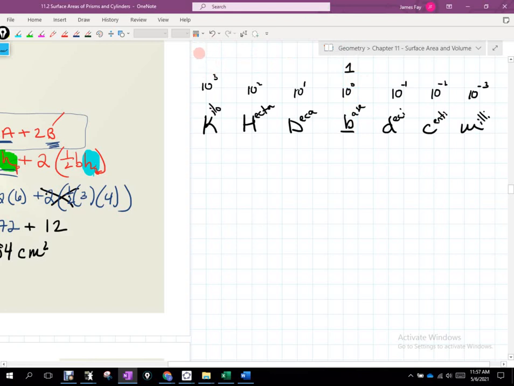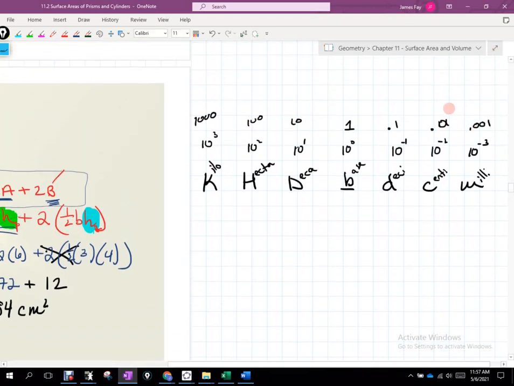So basically what we're saying here is that this would be 1,000, that'd be 100, that'd be 10. This is 0.1, 0.01, 0.001, or 1 out of 10, 1 out of 100, 1 out of 1,000. That's what this is.